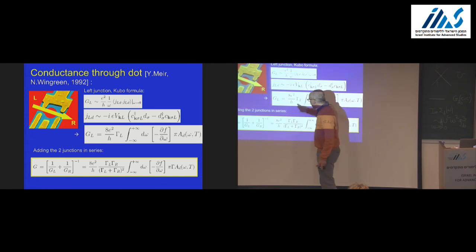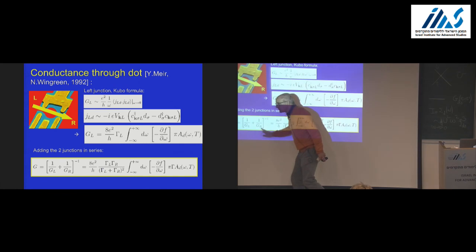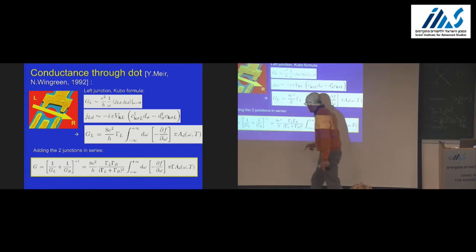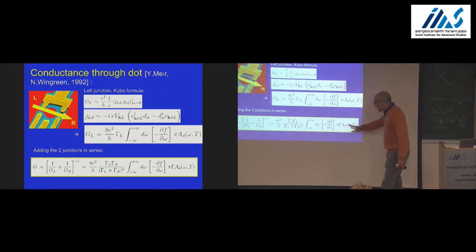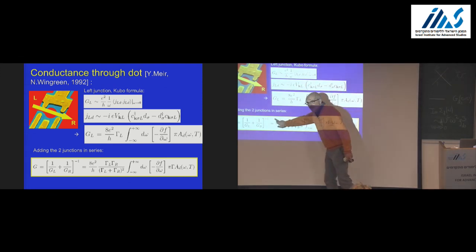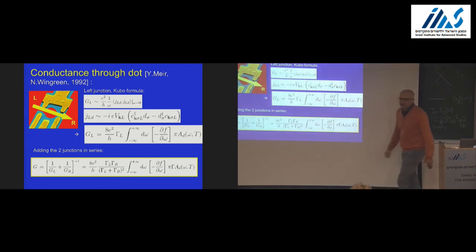This 1 over gamma partly compensates this guy, but we have to remember that the correct formula is here, because in this problem we have 2 reservoirs, right? So what appears here is this thing here. This is 1 over pi gamma. This gives me 1. Here, this gives me 1/4, and here you get 2e square over h.